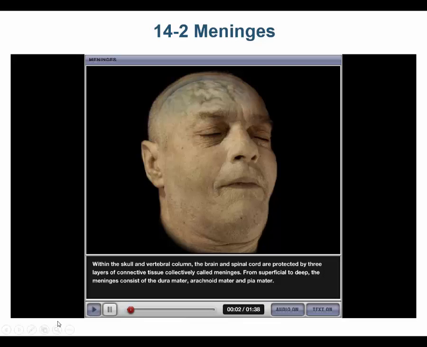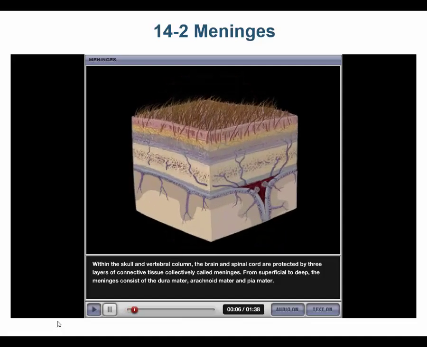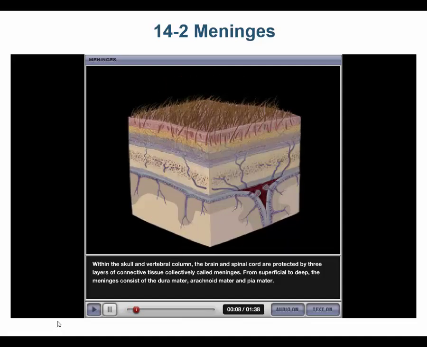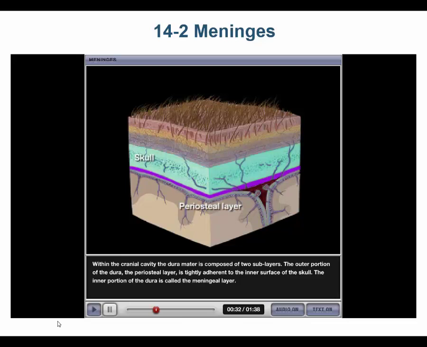Within the skull and vertebral column, the brain and spinal cord are protected by 3 layers of connective tissue, collectively called meninges. From superficial to deep, the meninges consist of the dura mater, arachnoid mater, and pia mater. Within the cranial cavity, the dura mater is composed of 2 sublayers. The outer portion of the dura, the periosteal layer, is tightly adherent to the inner surface of the skull.